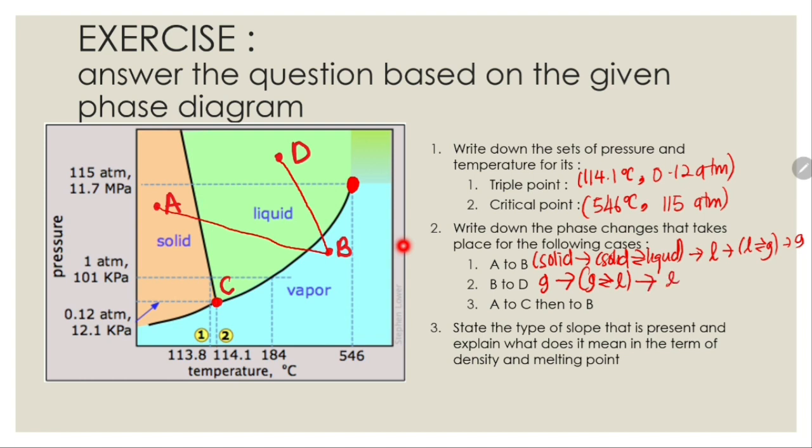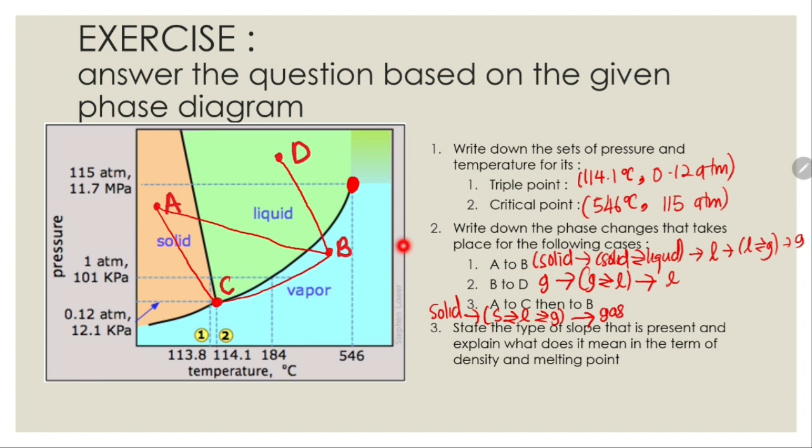Next, A to C, then to B. Draw a line from A to C. From A it is solid, and then it touches C, which is your triple point, so solid in equilibrium with liquid and in equilibrium with gas. Then from C to B, it goes straight away to gas.